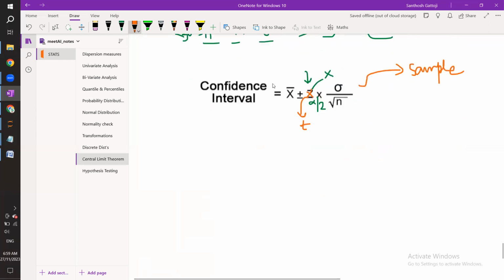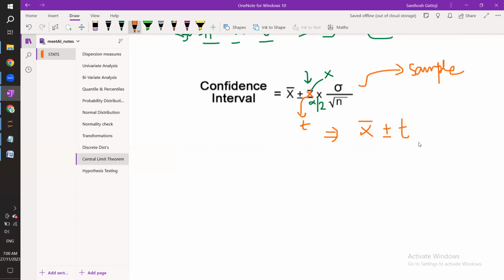That's it. So now this formula will get converted accordingly, as you might expect: x bar plus or minus, in place of z, you will have t. But here it is alpha by 2 only, but you have one more parameter.